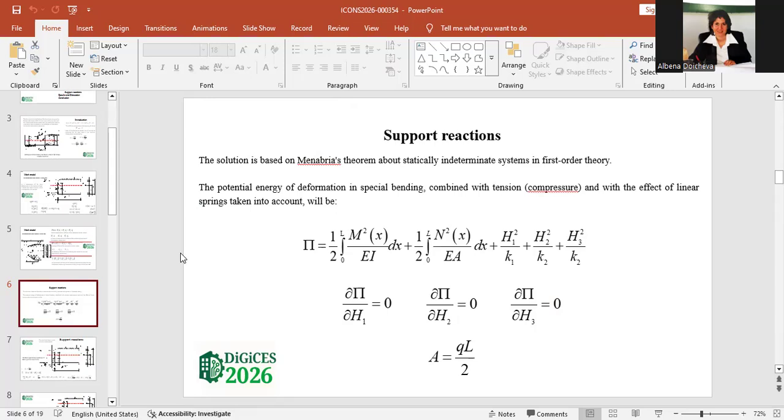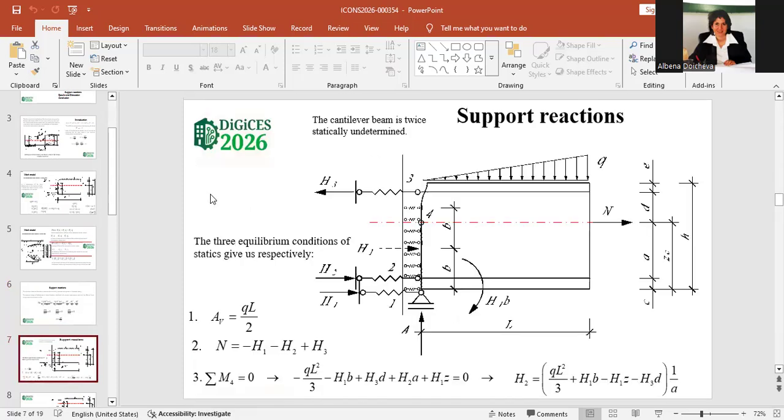The potential energy of deformation in spatial bending combined with tension-compression and with the effect of the linear springs is given here.